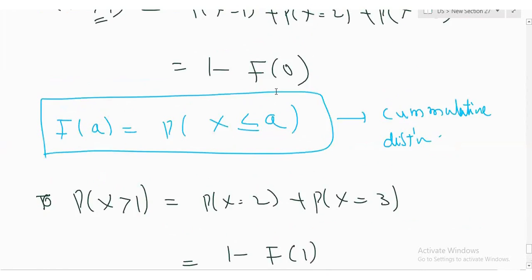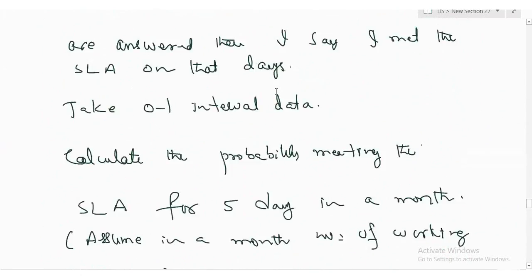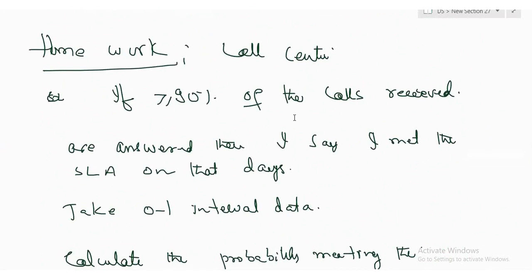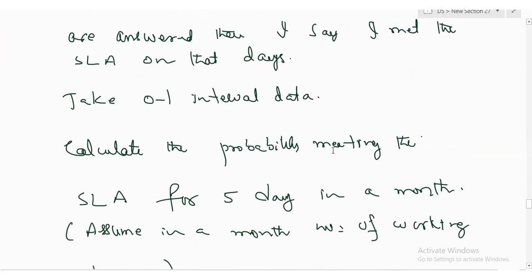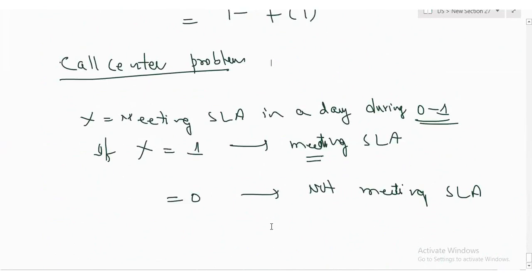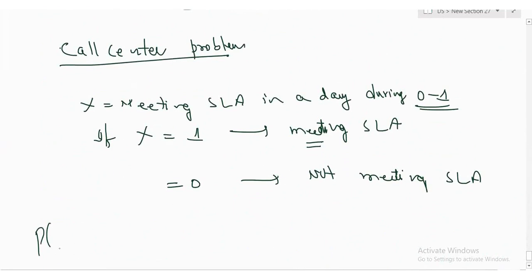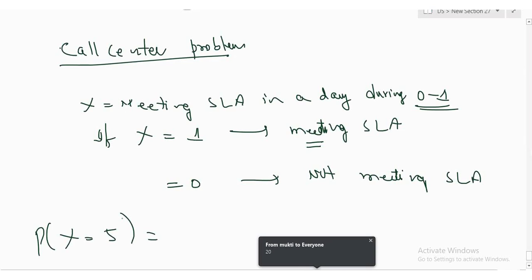Now what was the question? If the answer is greater than or equal to 90%, then I say I made the SLA on that day. Calculate the probability of meeting the SLA for 5 days in a month. What are they asking? Probability of X equal to 5. But what is the N here? I asked for a month, right?